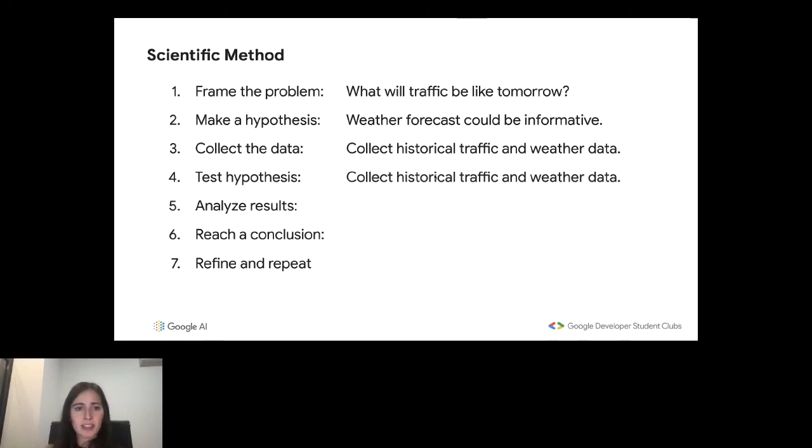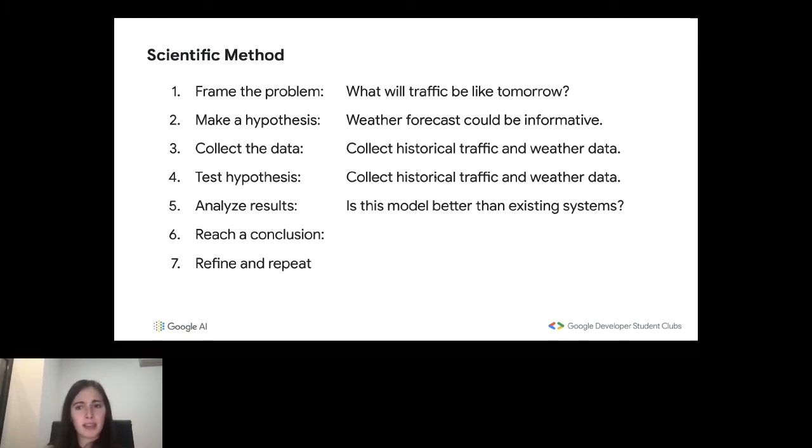So once we have collected this data, we want to test our hypothesis. So is there really a correlation between one and the other? So what we're going to be trying to do is train a machine learning model that from weather data is going to be trying to make predictions about traffic. And is the model good? Is it good enough?